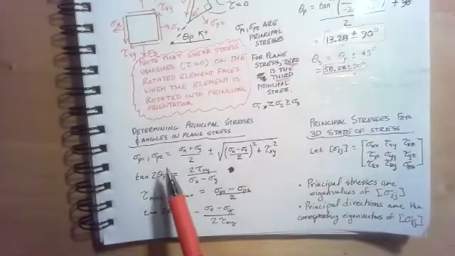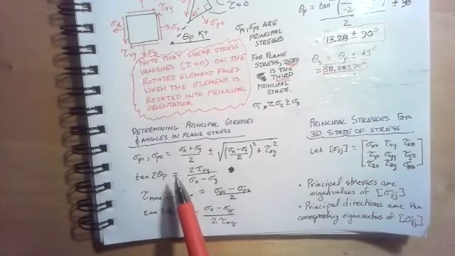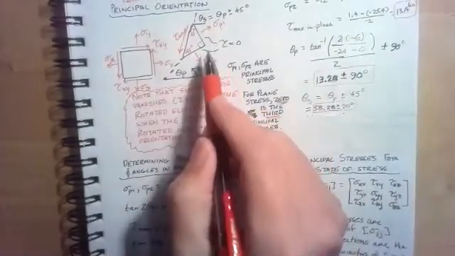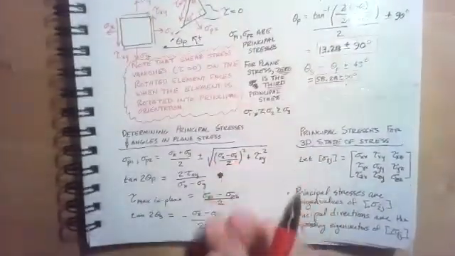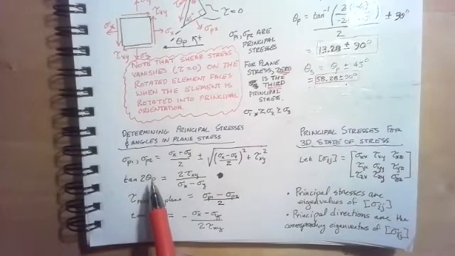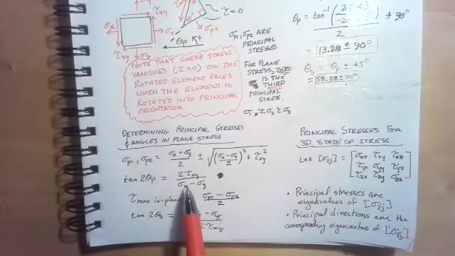If I want to know how far I have to rotate my element, I would know that to get to a principal orientation, maybe not this principal orientation, but a principal orientation, I would have tangent of 2 theta p equal to 2 tau xy over sigma x minus sigma y.